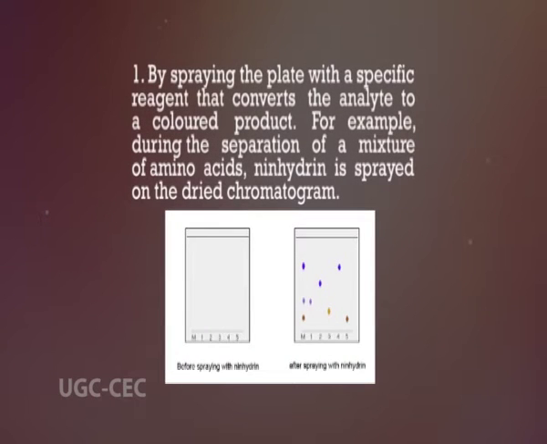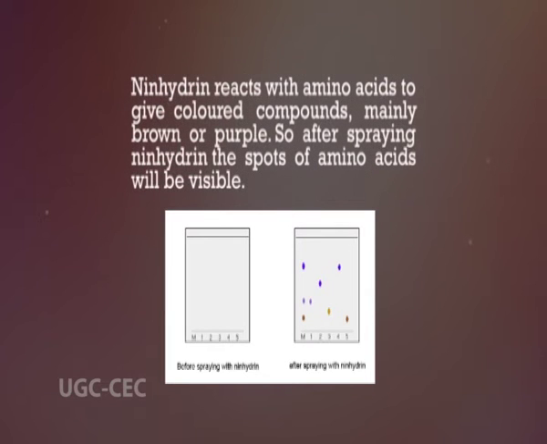First one, by spraying the plate with a specific reagent that converts the analyte to a colored product. For example, during the separation of a mixture of amino acids, ninhydrin is sprayed on the dried chromatogram. Ninhydrin reacts with amino acid to give colored compounds, mainly brown or purple. So, after spraying ninhydrin, the spots of amino acid will be visible.